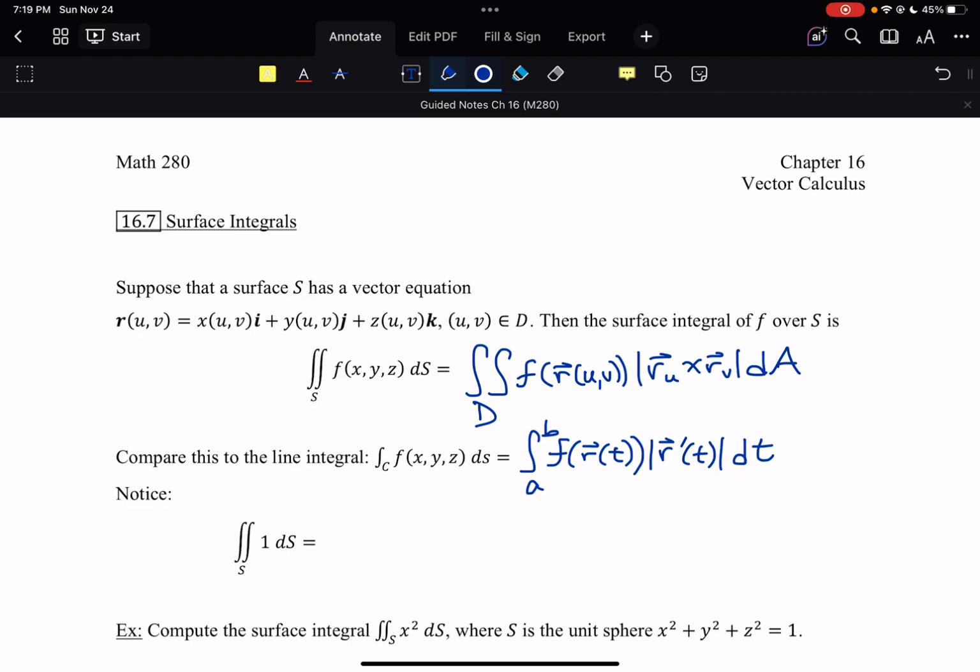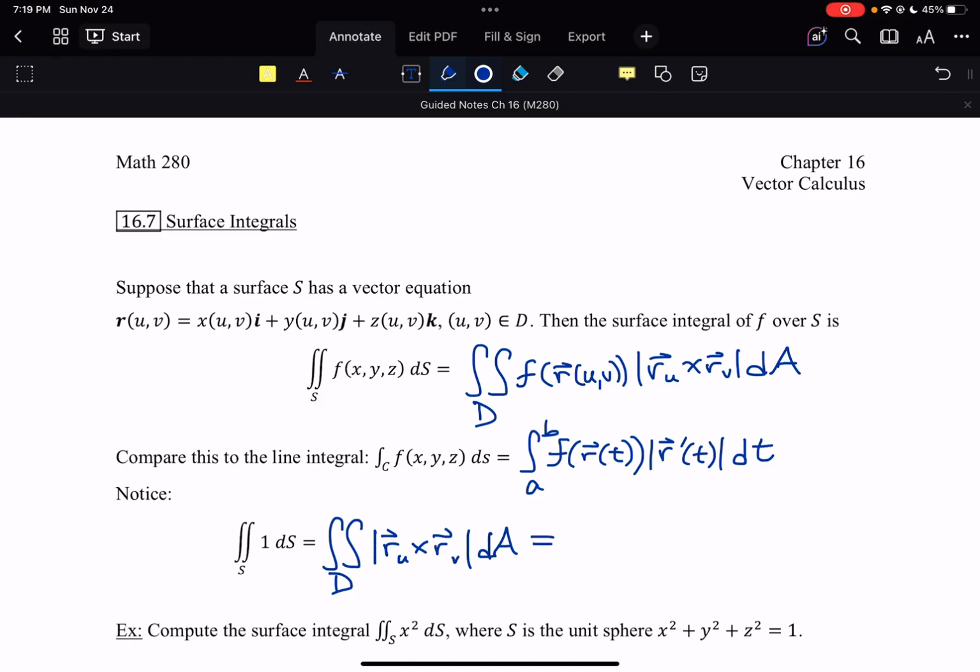Notice, if we were to take the surface integral of 1, this is, as it often is with an integral of 1, a special case. The function becomes 1, so all that's left is the magnitude of r_u cross r_v dA.